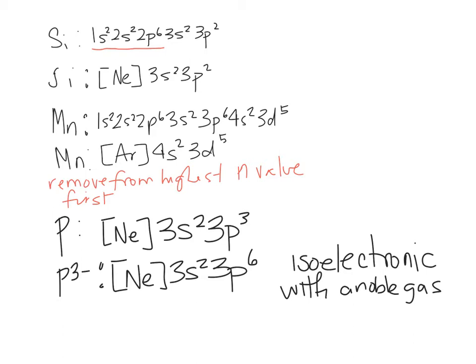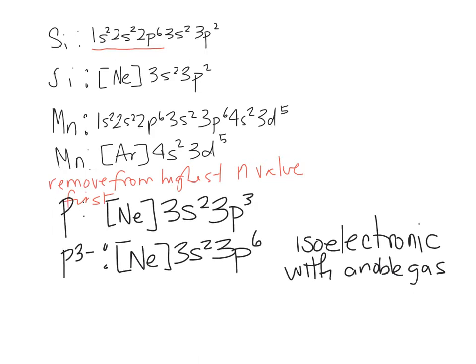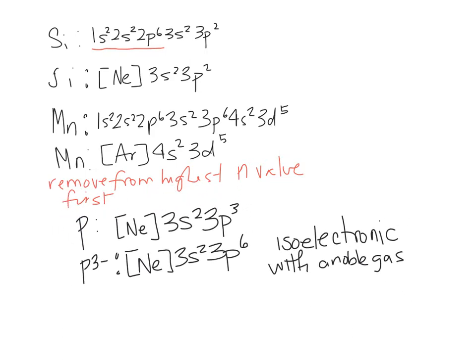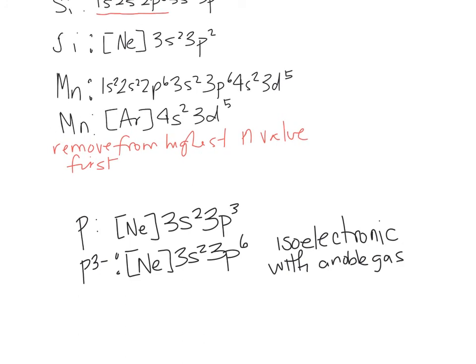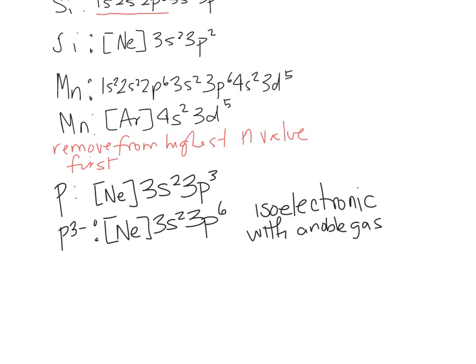I'm going to be asking you questions on quizzes or assignments or tests. I'm going to ask you whether or not they're isoelectronic. Or I'll say to you, identify the atom or ion. But you won't know anything other than the electron configuration.